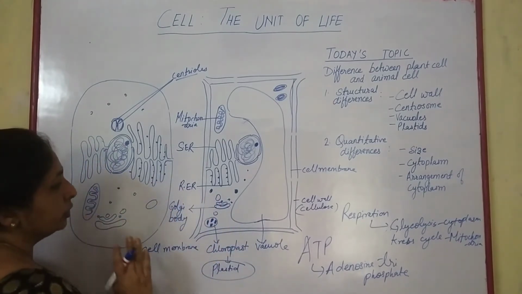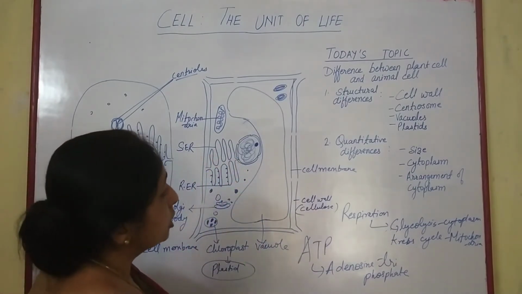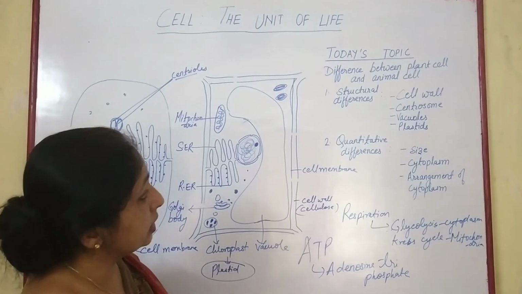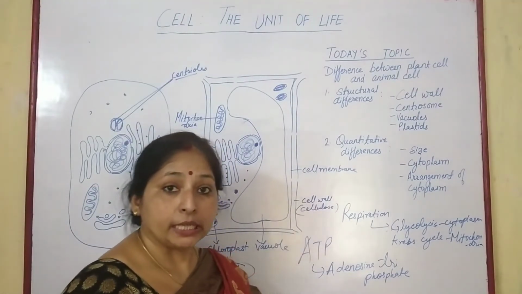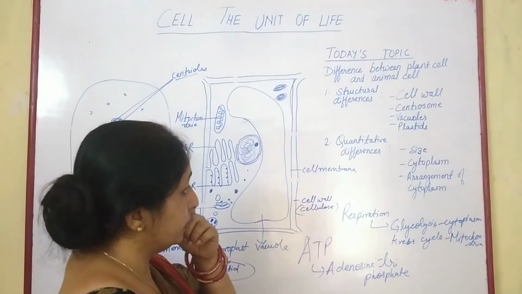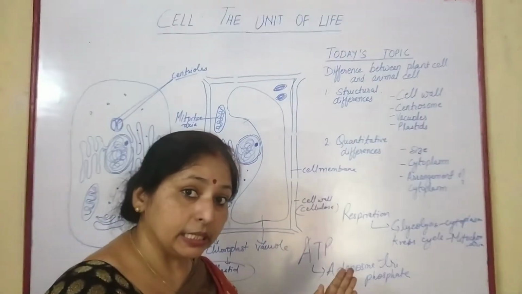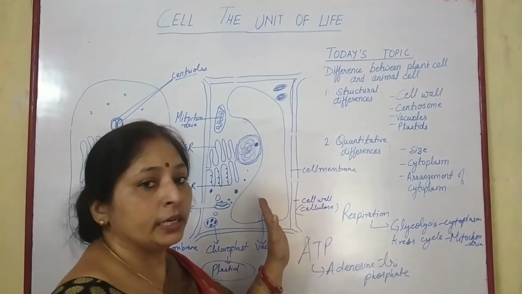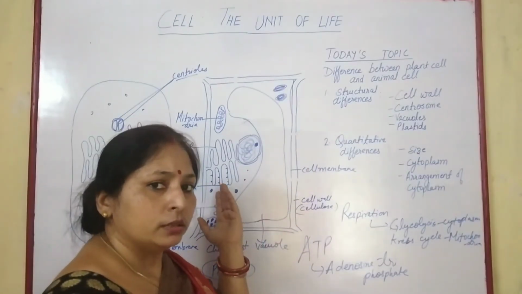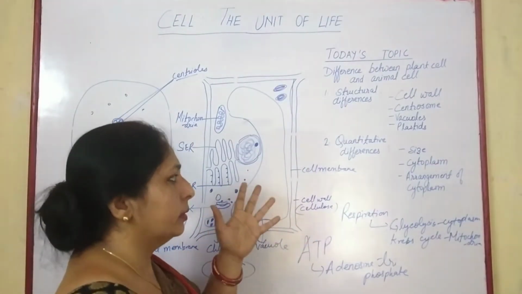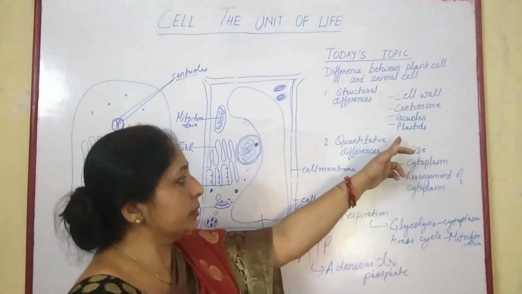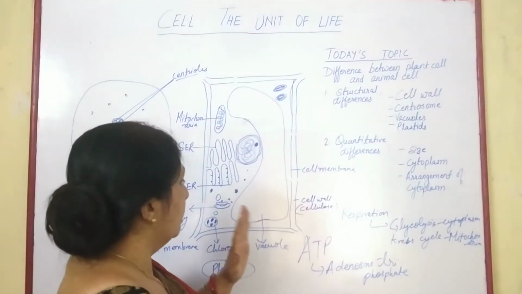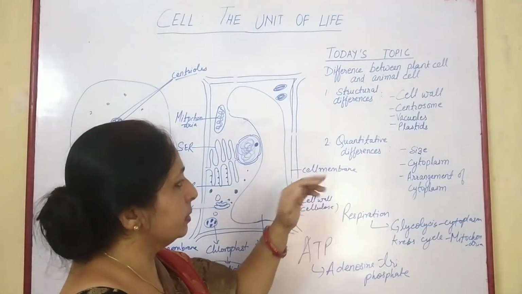This is the arrangement of cytoplasm, and this is all about the structural differences. Cell wall is present in the plant cell, absent in the animal cell. Centrosome is present in the animal cell, absent in the plant cell. Vacuoles: prominent vacuole in plant, smaller or absent in animal cells. Plastids, chloroplast, present in the plant cell, absent in the animal cell.